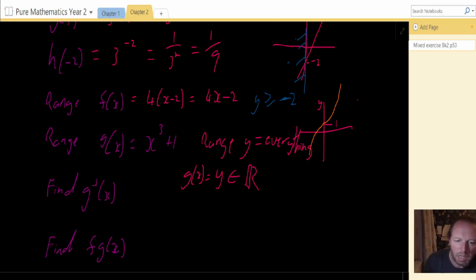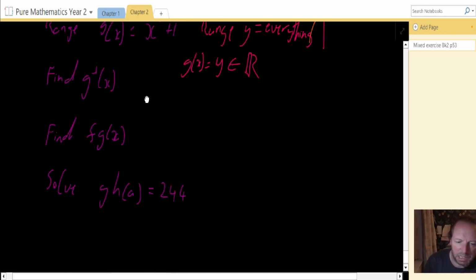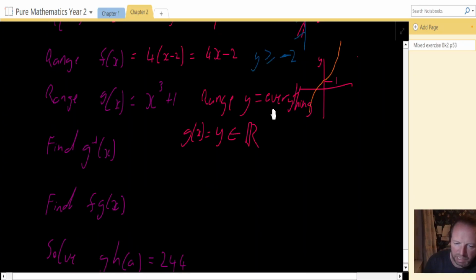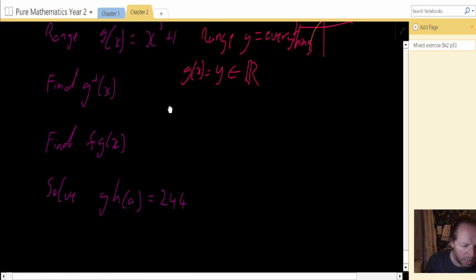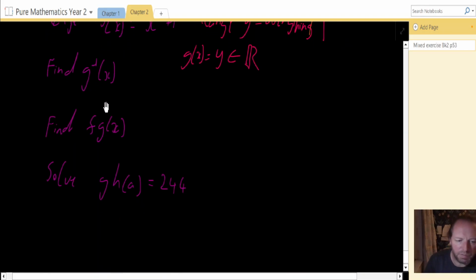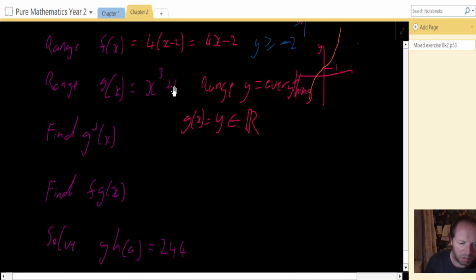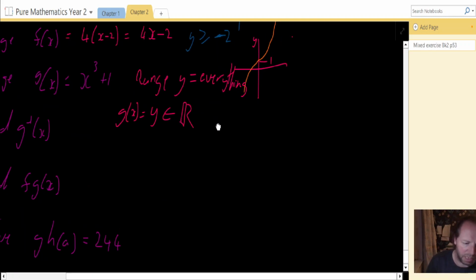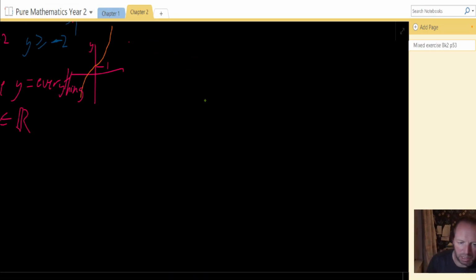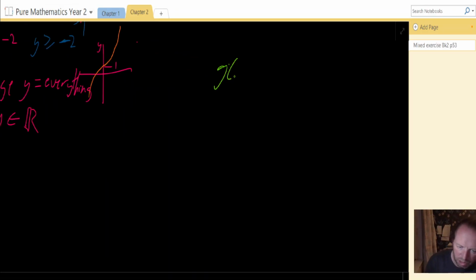Next one is find g to the minus 1 of x. So if g of x is equal to x cubed plus 1, then we can say that y equals x cubed plus 1, and y minus 1 is equal to x cubed.